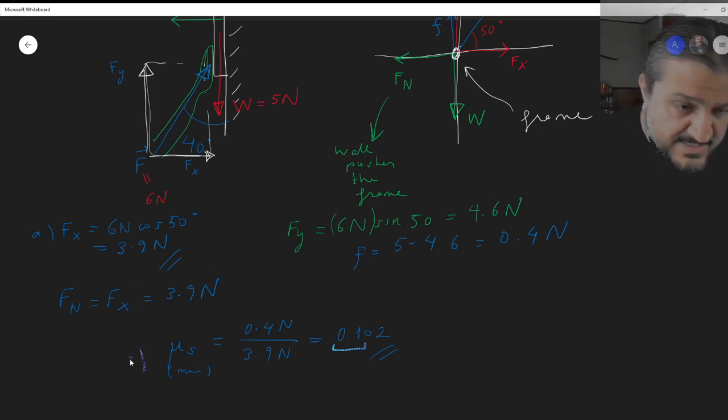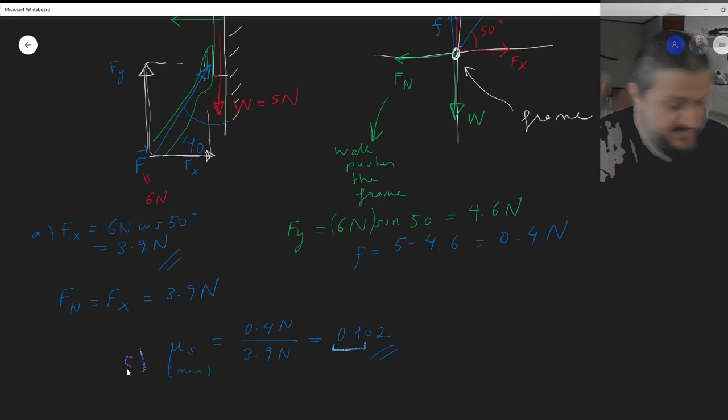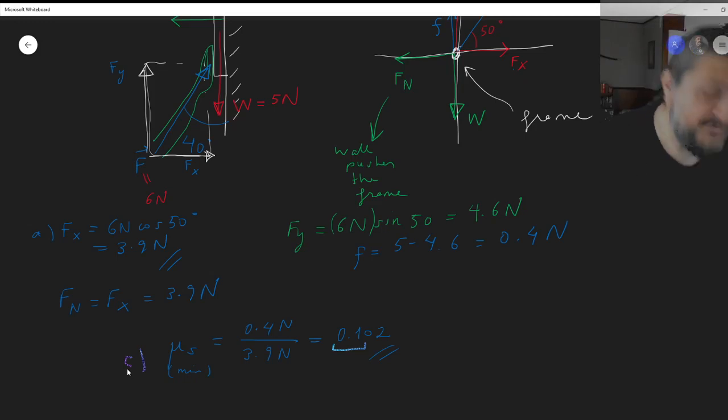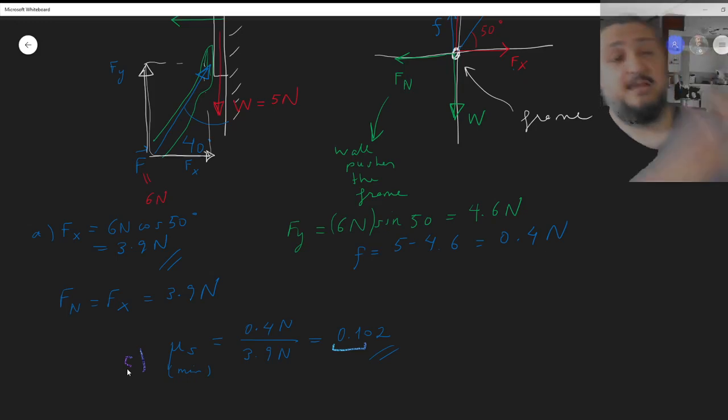Part D says, depending on the magnitude of the force you exert, like I was explaining, the frictional force exerted on the picture by the wall could have either of the two possible directions. Actually, I talked about it, but let me explain in detail now, and I'm going to finish there.